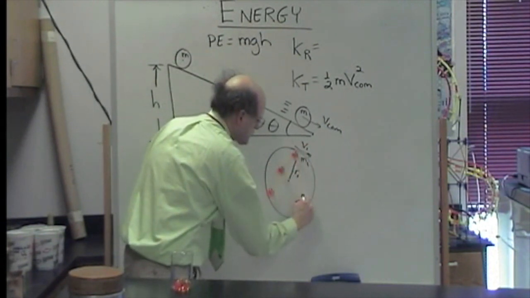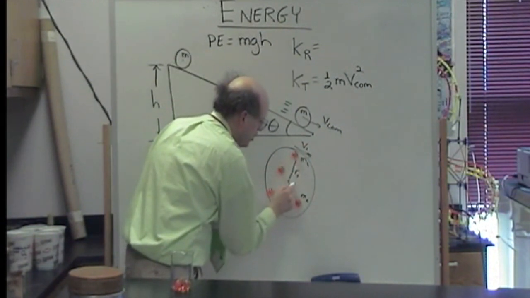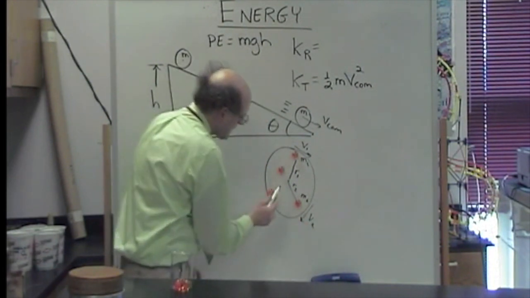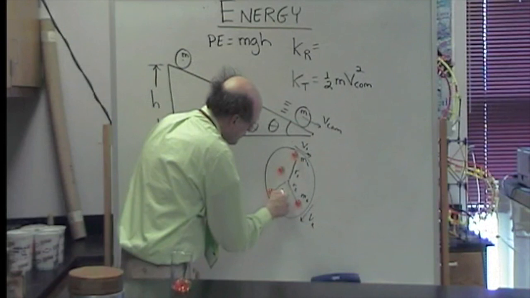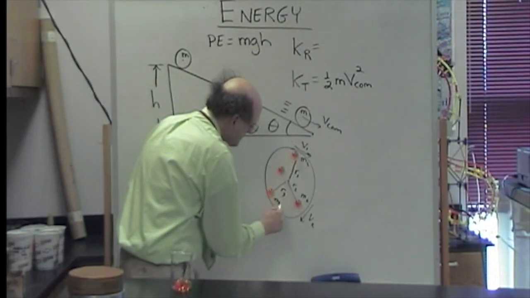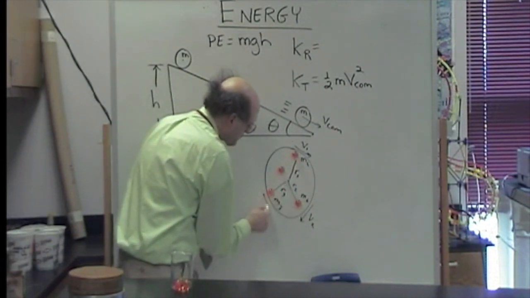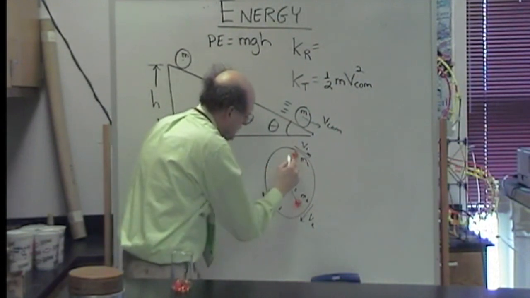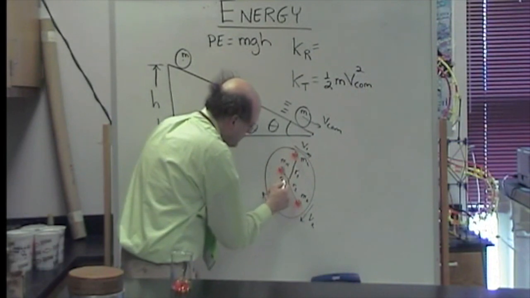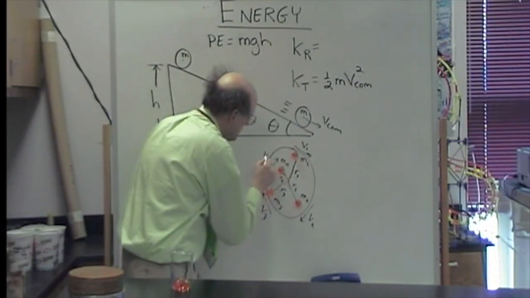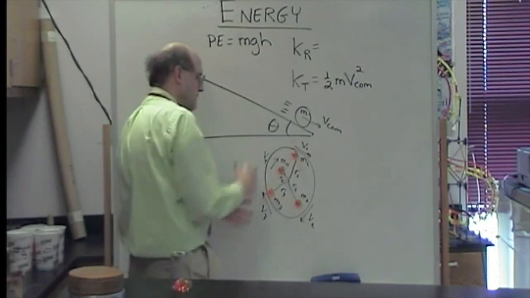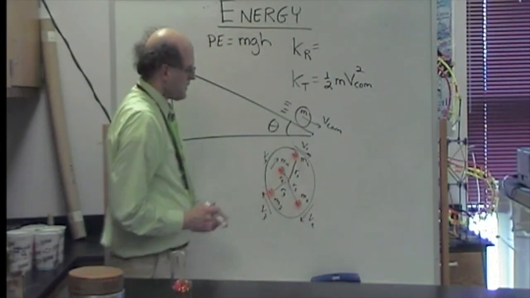Let's call this M2 at a distance R2 traveling at a speed V2. And this one we'll call M3 at a distance R3 traveling at a speed V3. And this one is M4 at a distance R4 traveling at a speed V4. And of course there's thousands of others that we could draw that make up this disk.